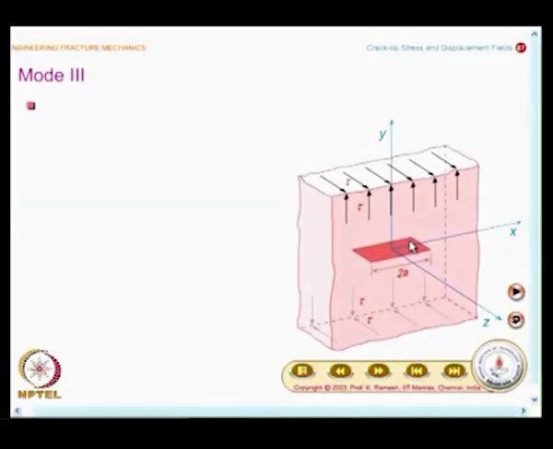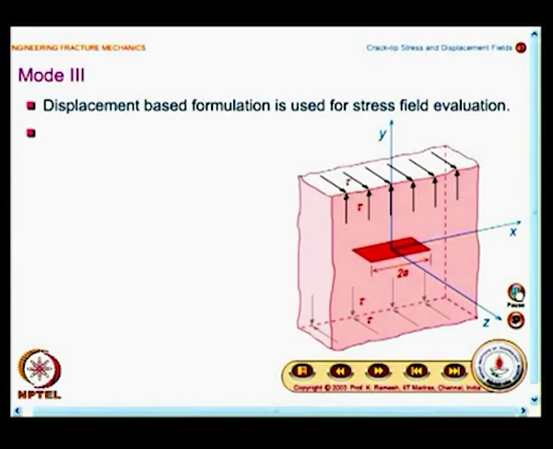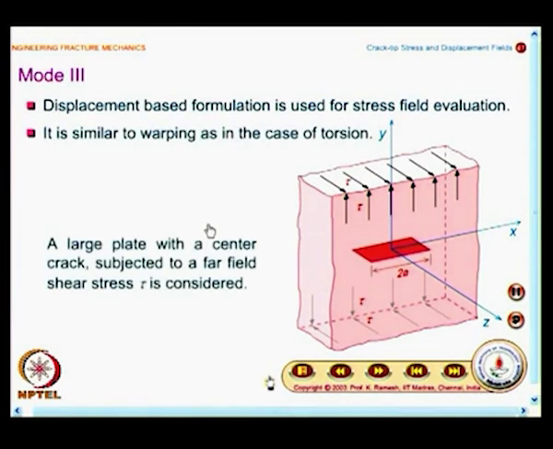Warping was only a function of x comma y, which is the plane of the body. Along the axis, it remains constant, but it varies in the plane. A similar situation is observed for a mode 3 case also. So, we will have a warping type of situation, and we would have that as a function of x comma y only.